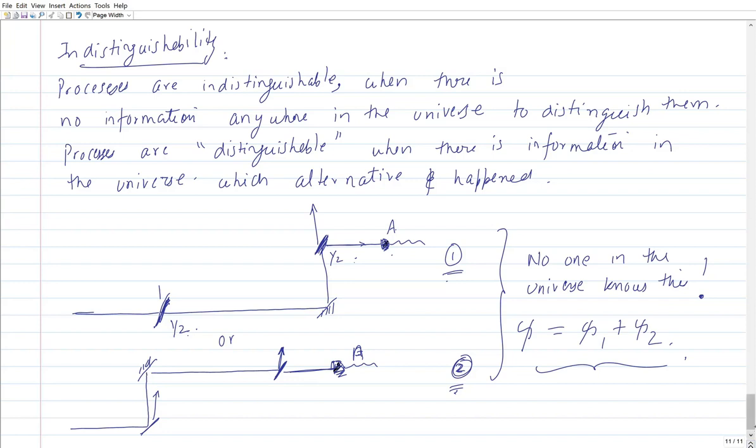So now the question arises, is there any way to see which of the alternatives happen?